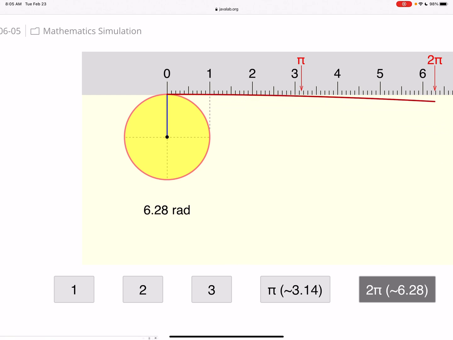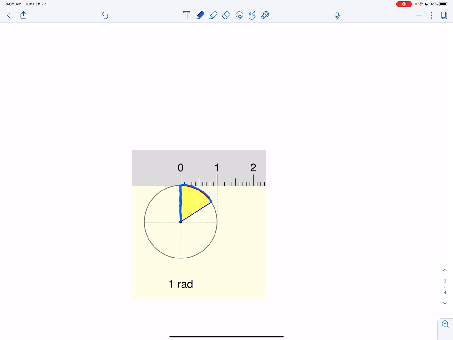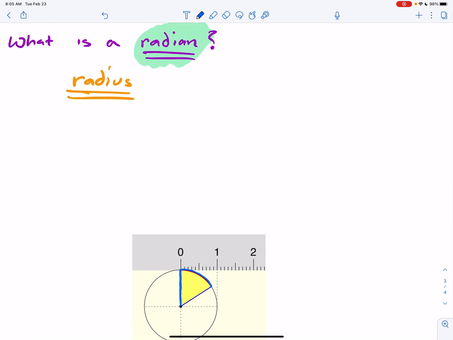All right? So here's what we know. Let me draw a picture here. Hopefully I don't butcher this. There we go. Okay. So let's say we had a center, and we have that blue radius, right? Whatever that length is, even if you made a giant circle, the radian is always in reference to the length of the radius.